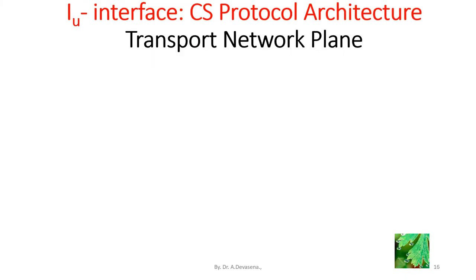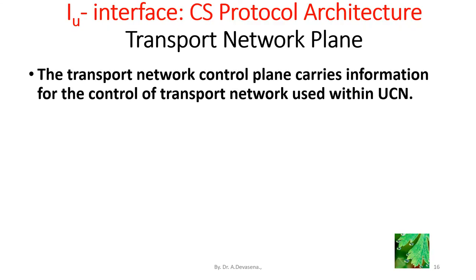Now we discuss the transport network plane available in the circuit switched protocol architecture in the IU interface. The transport network control plane carries information for the control of transport network used within UTRAN.